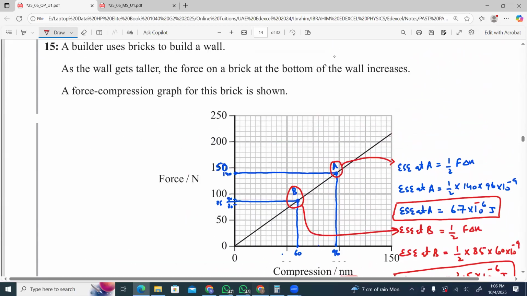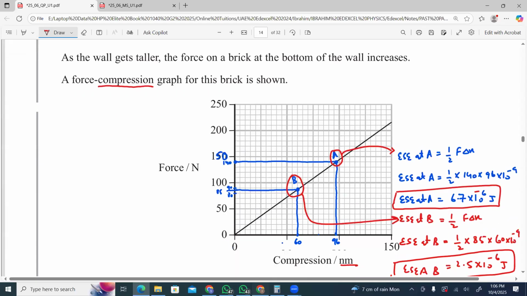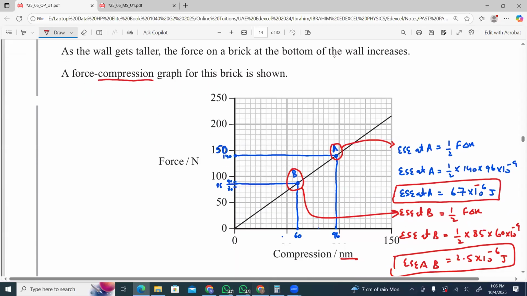Okay. Remember, in the kind of material questions like this one, you may get confused with the word compression. Sometimes they refer to the word extension, and sometimes they refer to the word compression.